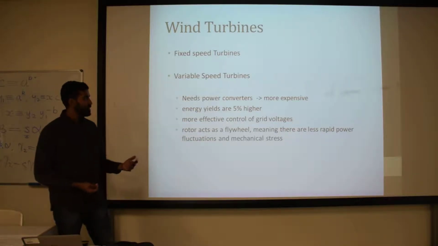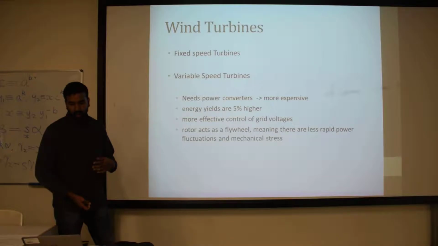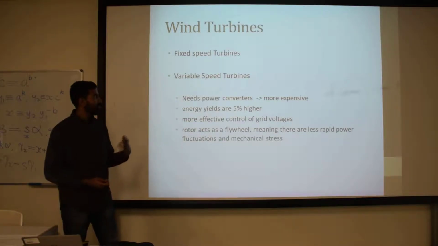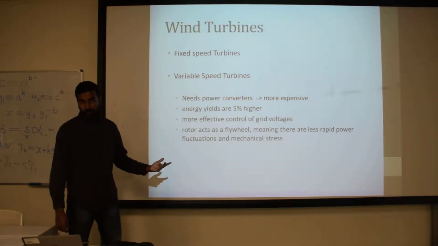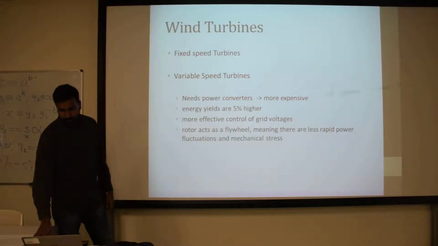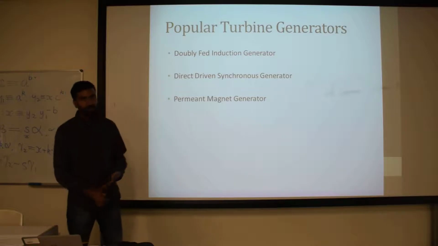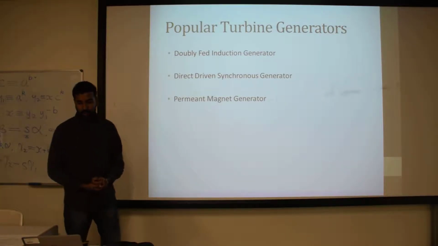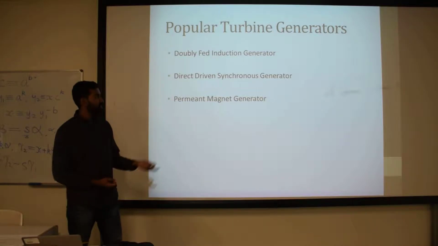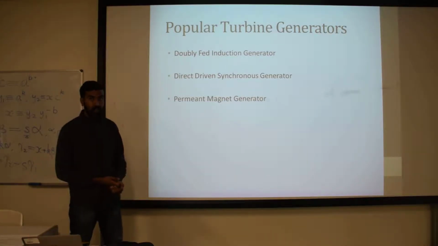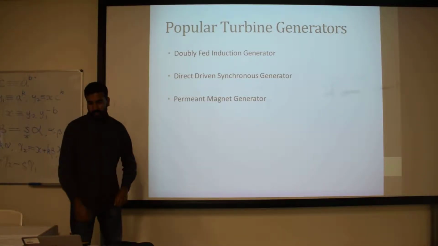Due to a number of reasons such as high energy yield, most of the generators being used today are variable speed turbines. Now, there are three popular variable speed turbines. Those are the double fed induction generator, commonly known as DFIGs, the direct driven synchronous generator, and the permanent magnet generator.